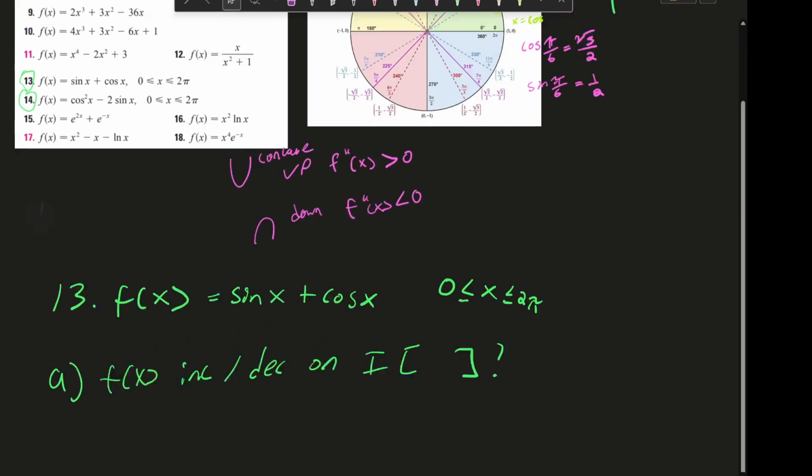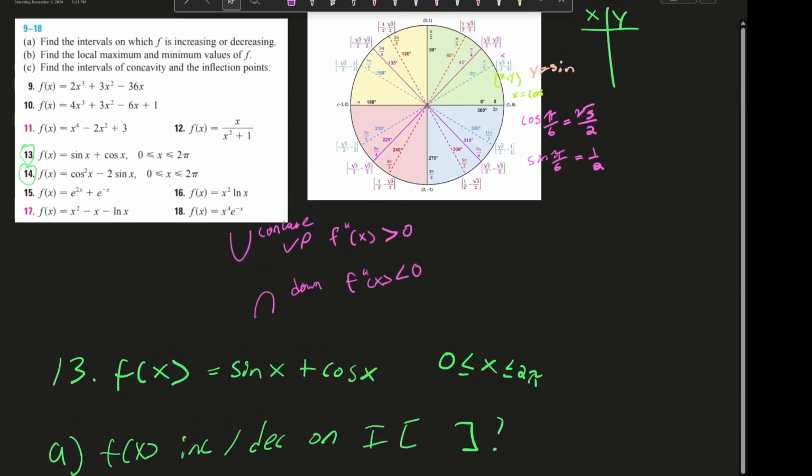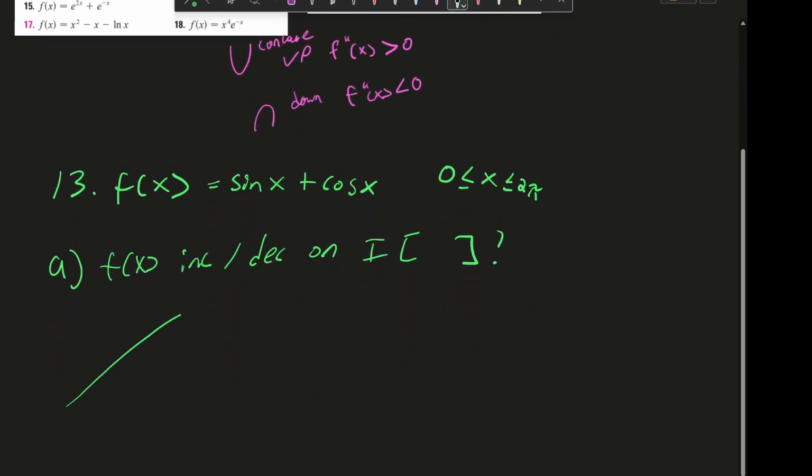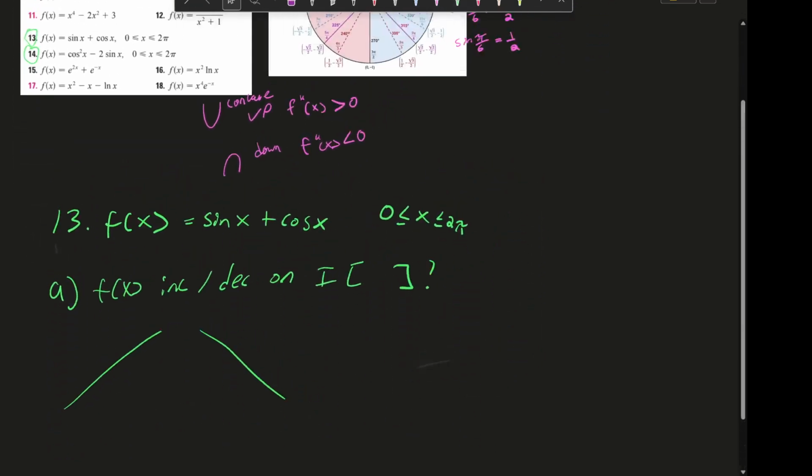So one way to think about it is that the question wants to know where f is increasing or decreasing. So it's basically asking for the slope: when is the slope positive, when is it negative.